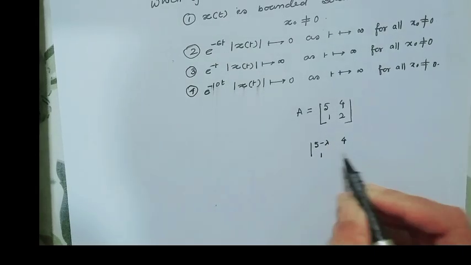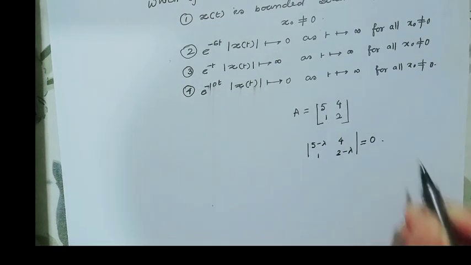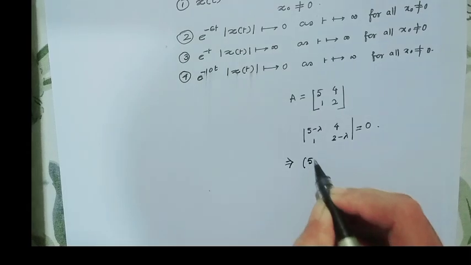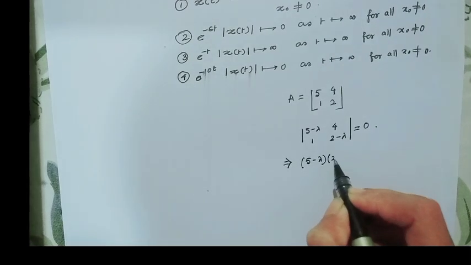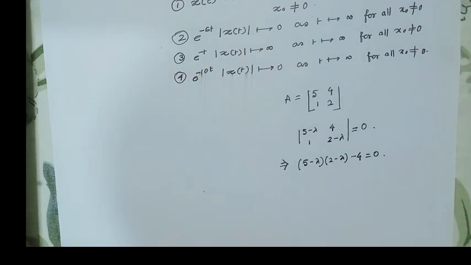Then at first we have to find the eigenvalues. So (5 minus lambda) times (2 minus lambda) minus 4 equals 0.